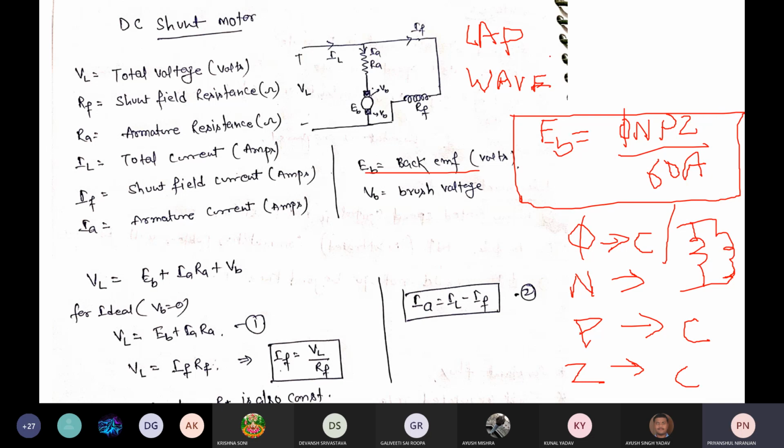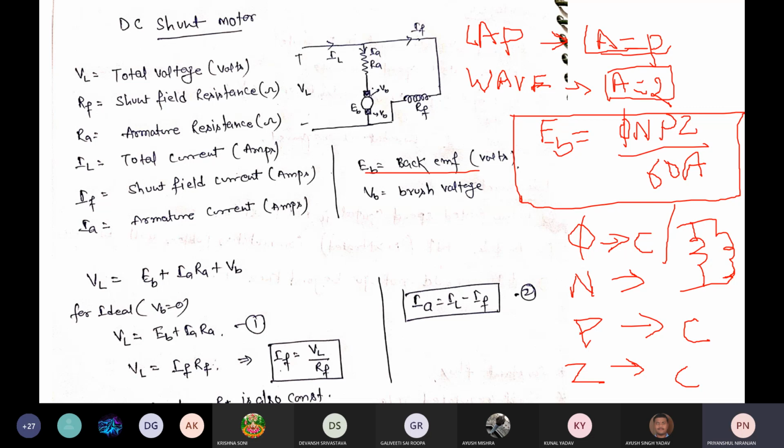When we talk about lap winding, the number of parallel paths is similar to the poles. When we use a two pole machine, two parallel paths are used. In wave winding, the parallel path is always fixed, equal to 2. Whether you use a two pole machine or a four pole machine, it is fixed, only two parallel paths.